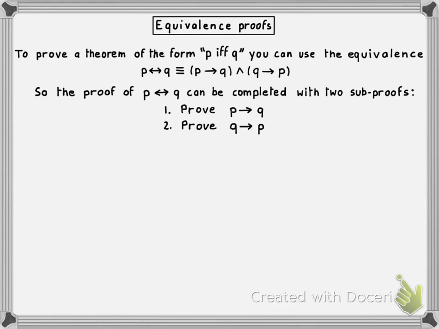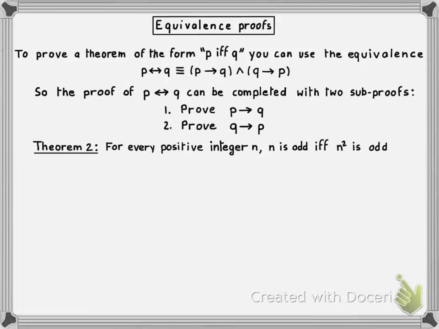So to illustrate this new proof technique, I will let you prove theorem number 2 in this lecture, namely: for every positive integer n, n is odd if and only if n squared is odd. So my hint here is, to prove this theorem, first of all you must do a universal generalization proof, but the core of the proof will be to prove this equivalence. And this equivalence is proved in two steps.